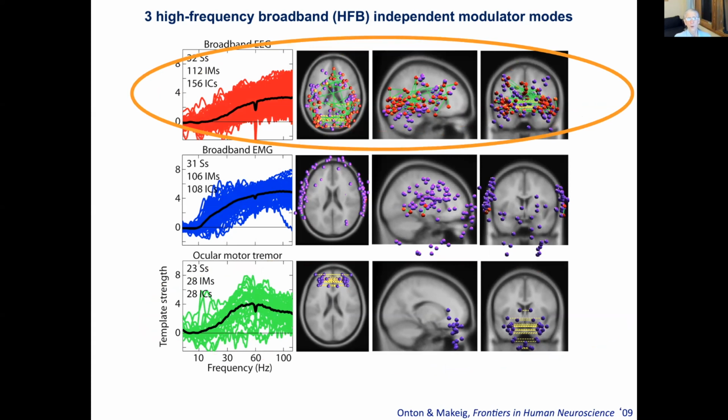And then we found a class of high-frequency broadband modulators that pertain to brain-localized independent component processes. These are the effective sources of the brain EEG found by the AMICA decomposition.